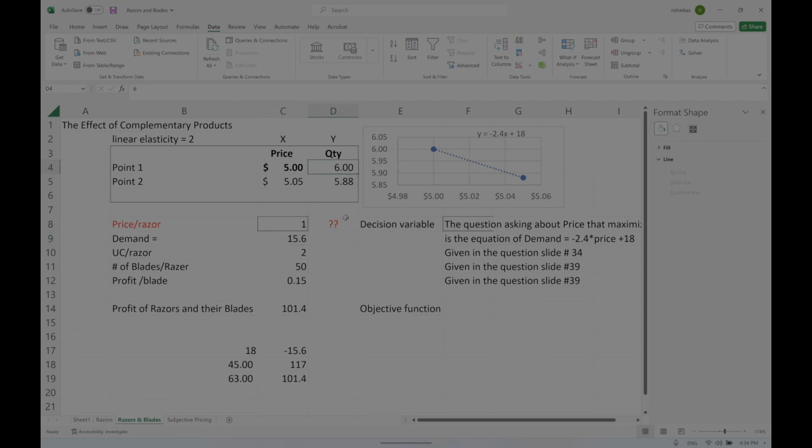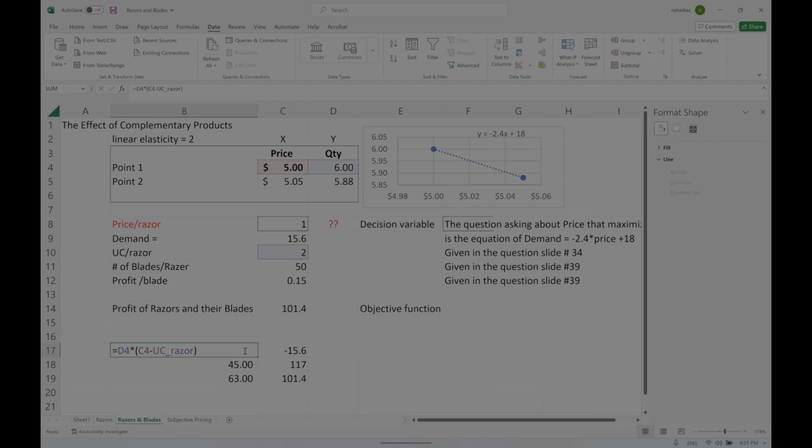This means you probably are going to have to run some very intelligent marketing campaigns in order to boost the sales up to 15.6.